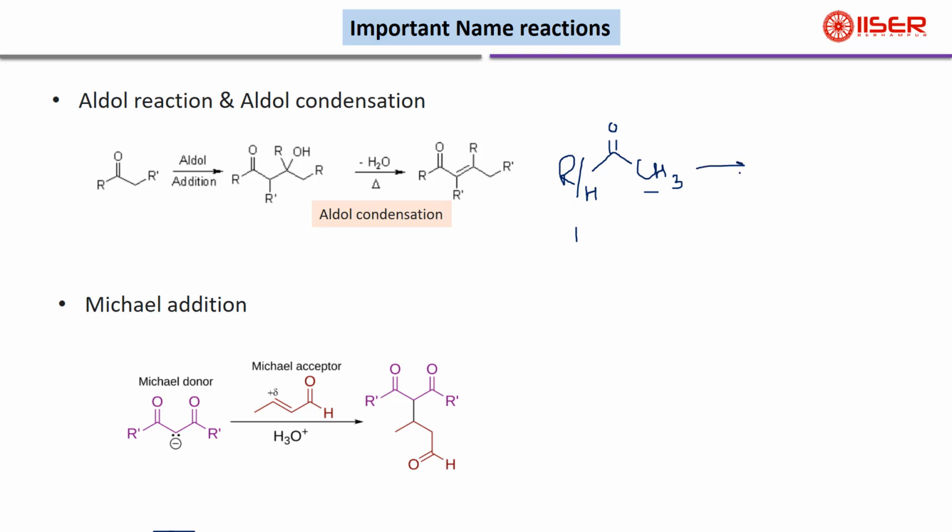In presence of acid or base, what happens? It will take one proton from here, forming an enolate.